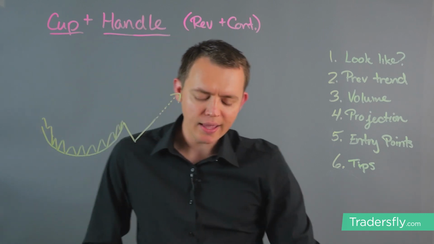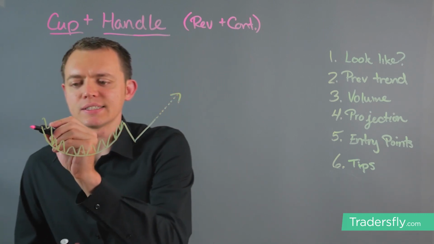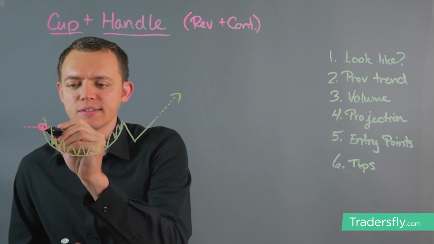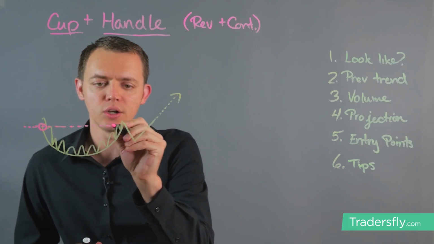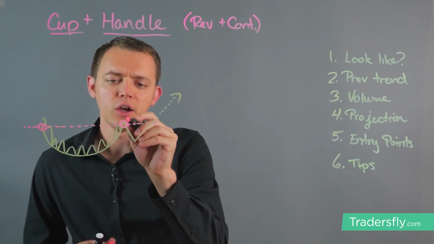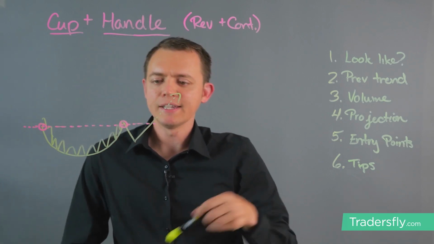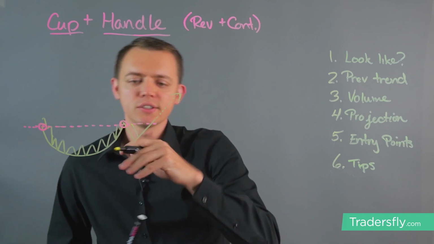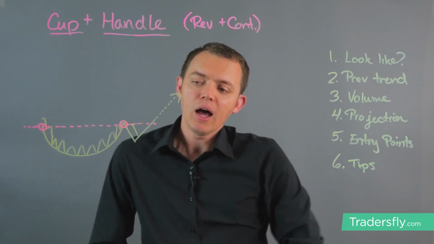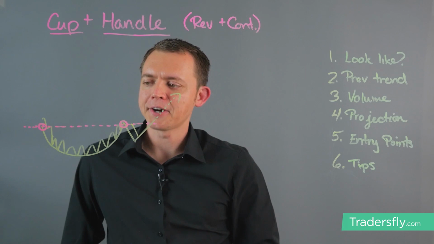When you're looking at the resistance level of this stock, you're taking these swing points, and you're also looking at where the end of the cup goes. And then you have this little pullback of the handle. That's really what creates this cup and handle pattern.